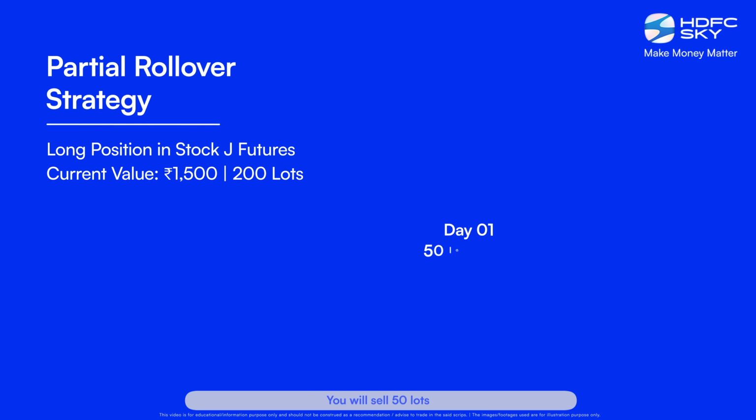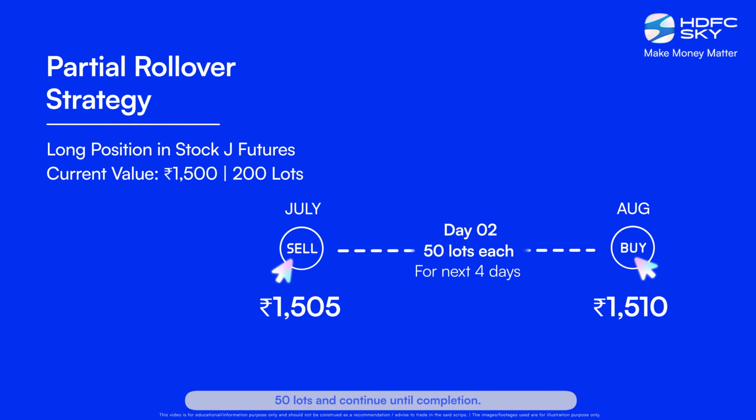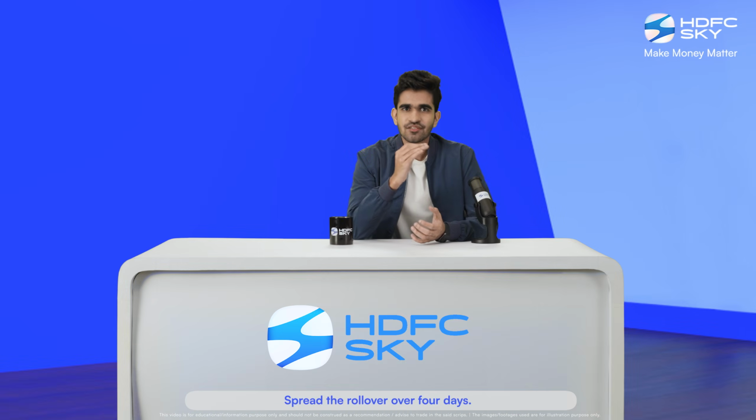On the first day, you will sell 50 lots of July contract at rupees 1,505 and buy 50 lots of August contract at rupees 1,510. On the second day, repeat the same process for another 50 lots and continue until completion. Spread the rollover over 4 days. This way you reduce the risk of moving the market price significantly.